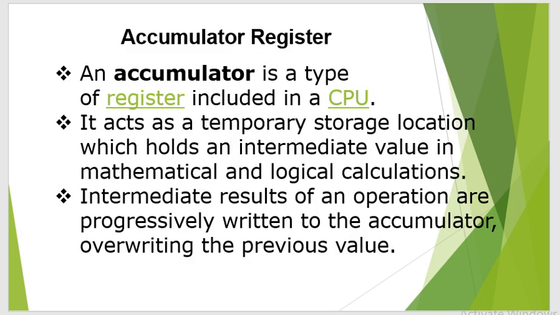After that, the accumulator register, which is one of the CPU registers. It is needed because if you add two variables or two numbers, the overflow or carry numbers must be stored in another memory location.